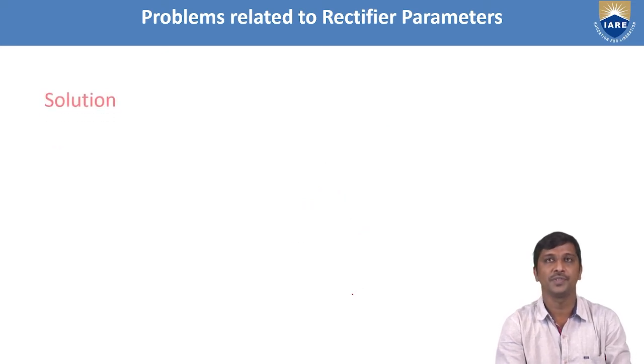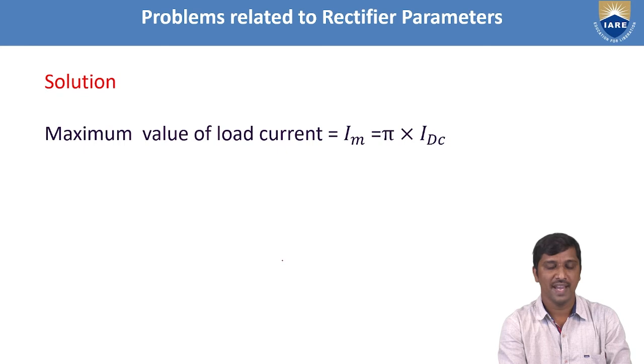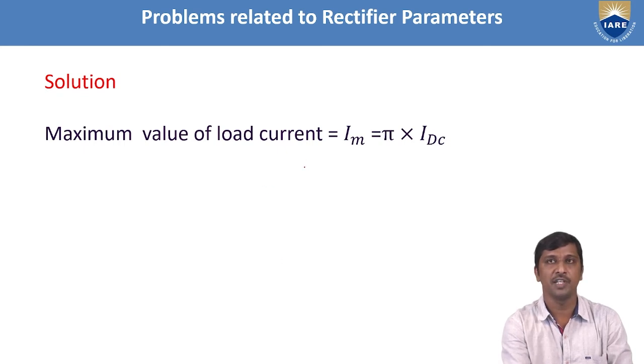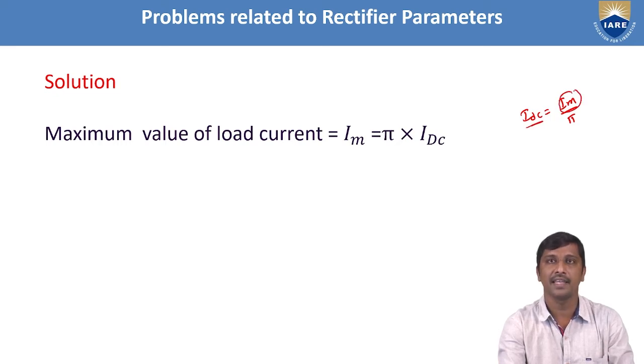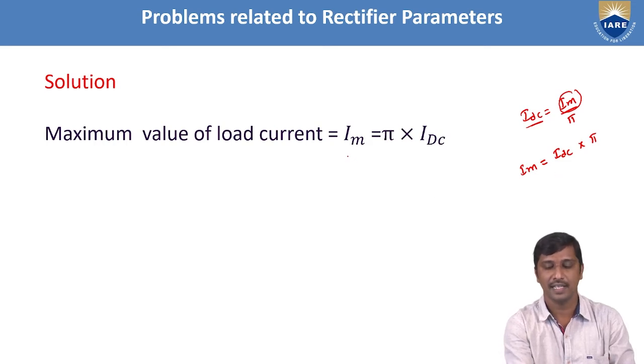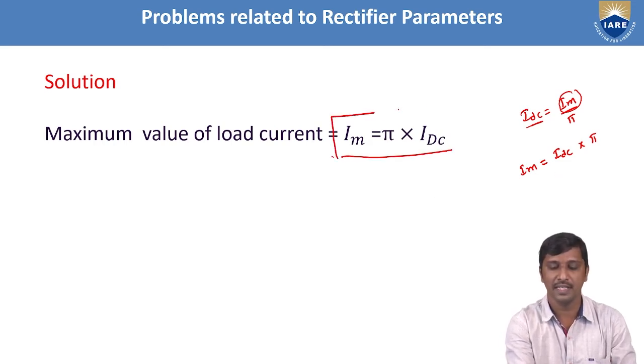Now we need to identify the maximum value of the load current, that is the peak. We know that in a half-wave rectifier, IDC is represented as Im by pi. We got this IDC value, so now we need to calculate this Im value.